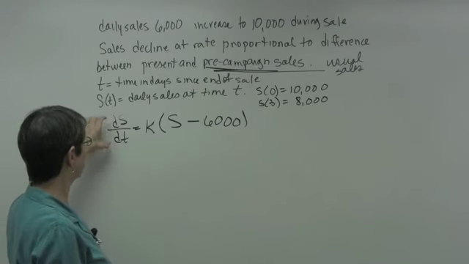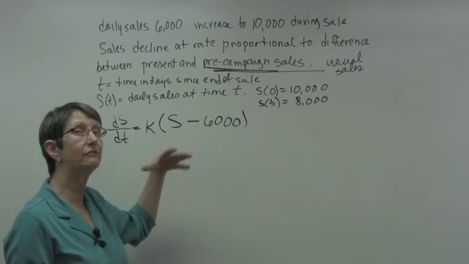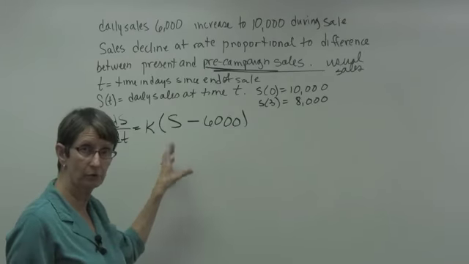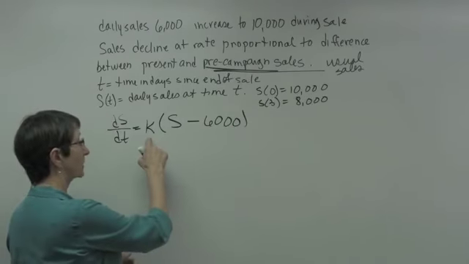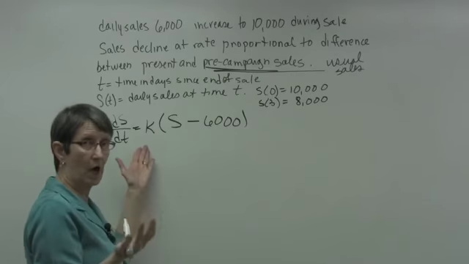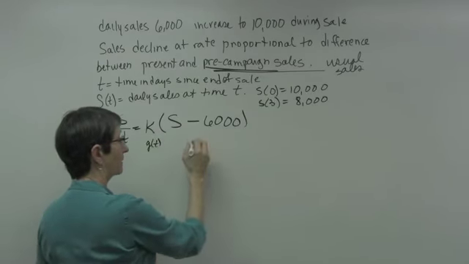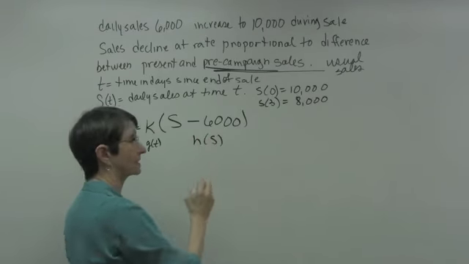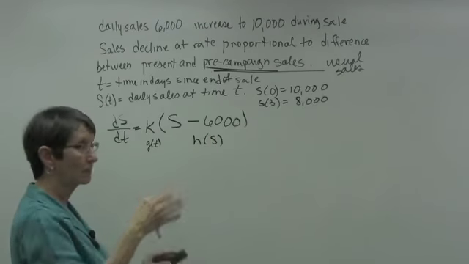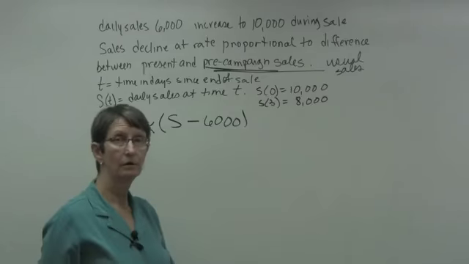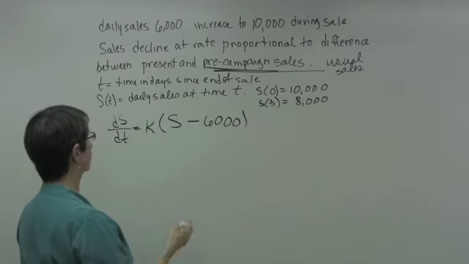I have a differential equation to solve. I have to separate the variables because I have some function k. Well, we can call k a function of t because it's a constant, and this parenthesis is definitely a function of s. So we have a product, so we can solve it by a separable differential equation.